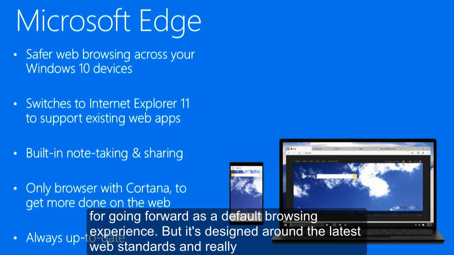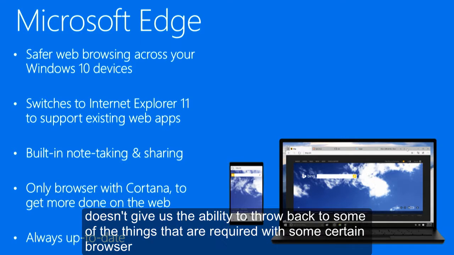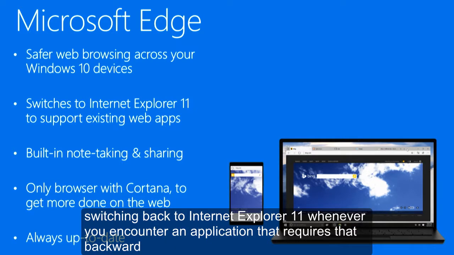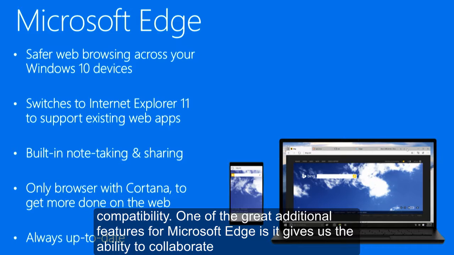But it's designed around the latest web standards and really doesn't give us the ability to throw back to some of the things that required some certain browser add-ons and things like that in the past. But it gives us safer browsing, it gives us faster browsing, and supports switching back to Internet Explorer 11 whenever you encounter an application that requires that backward compatibility.